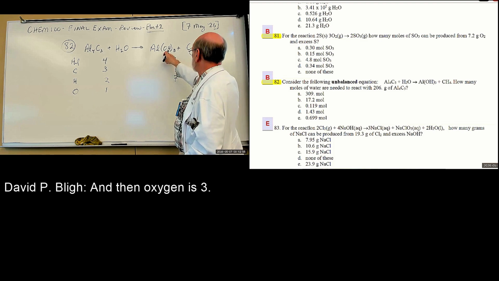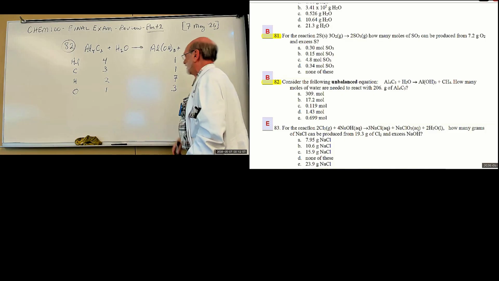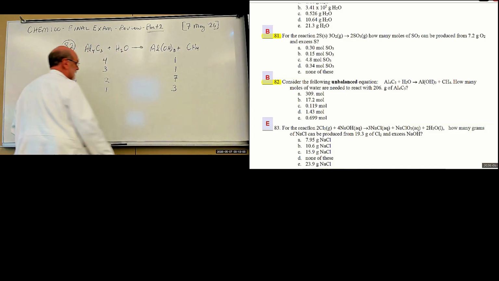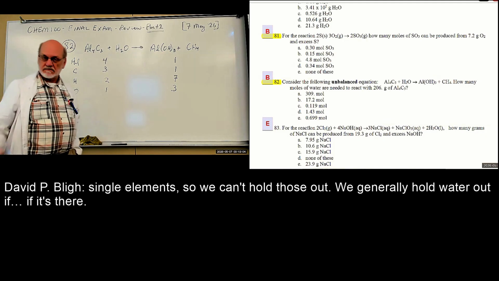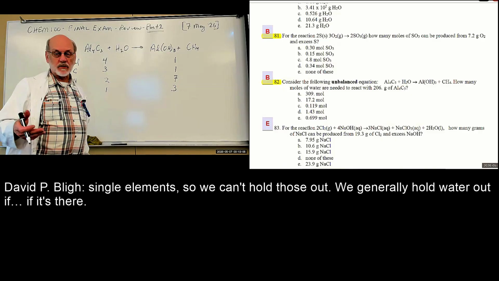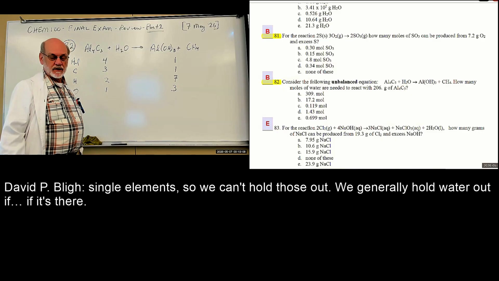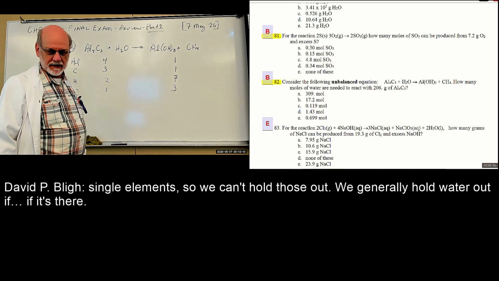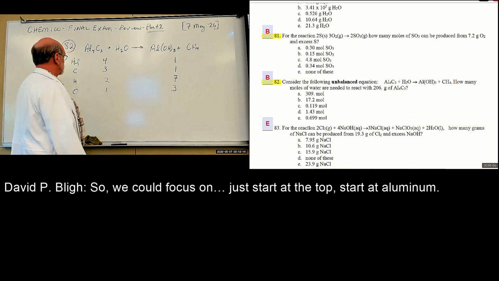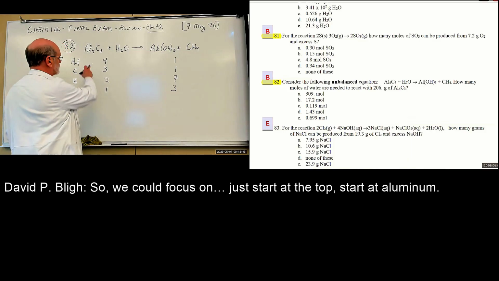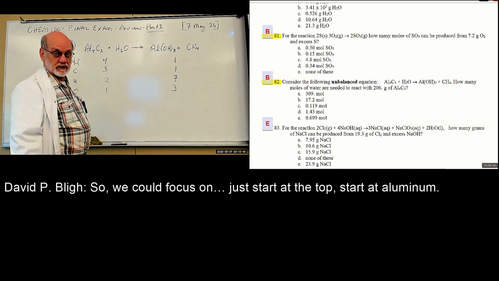And then oxygen is 3. Now where do you start? Well, we don't have any single elements, so we can't hold those out. We generally hold water out if it's there till the end. So we could just start at the top, start at aluminum.